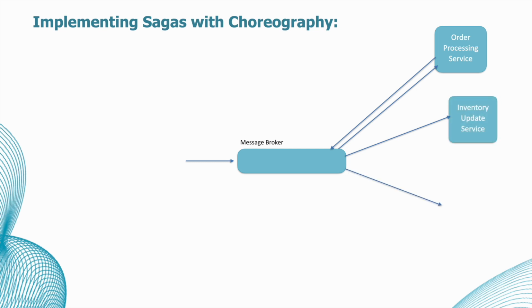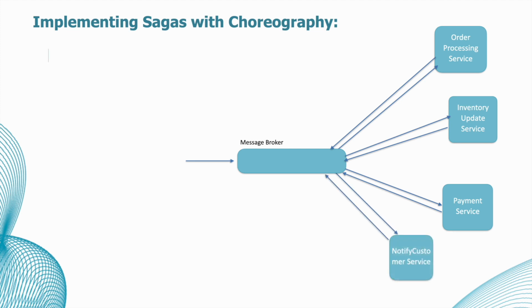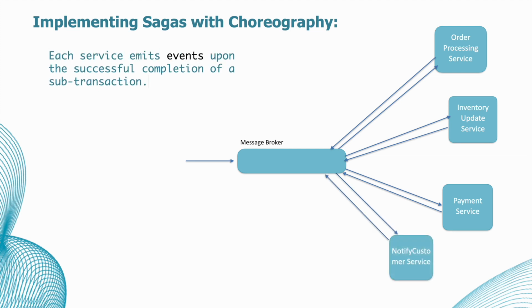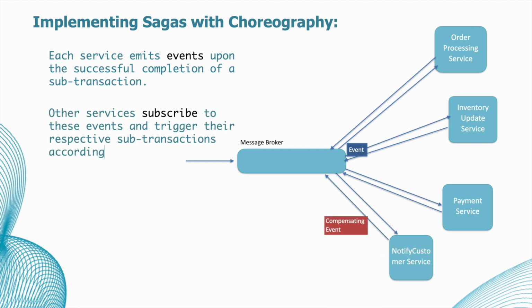Instead of a central server, there's a message broker, and all these services interact with each other via this message broker. All these services send events to this message broker and receive events. Each service emits an event upon successful completion of a sub transaction, and if there's a failure, then a compensating event is triggered.